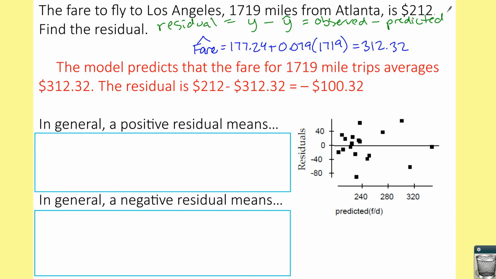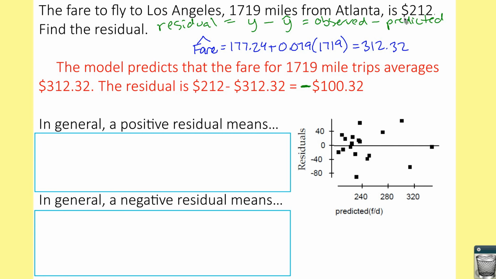Now in this case, okay, I predicted way higher. That's why my residual was negative. Okay, you can have a negative or positive residual. So in this case, a positive residual is when the opposite would happen.